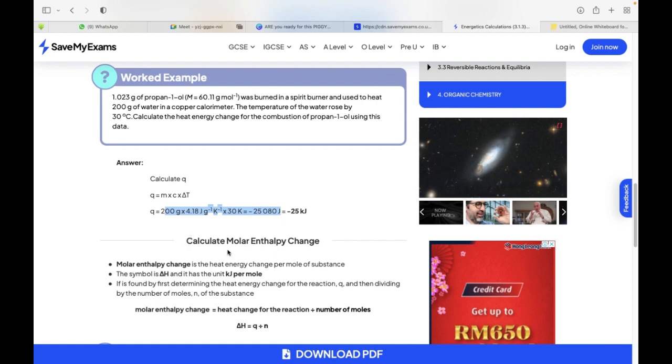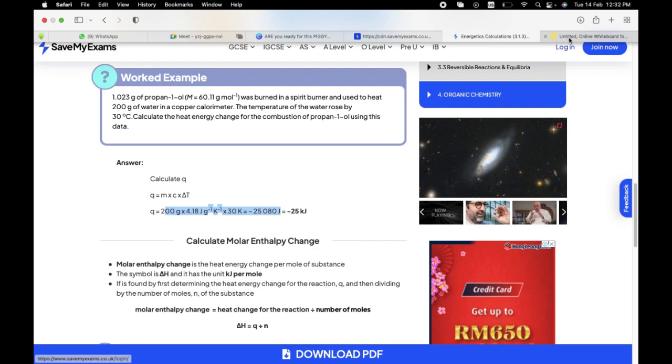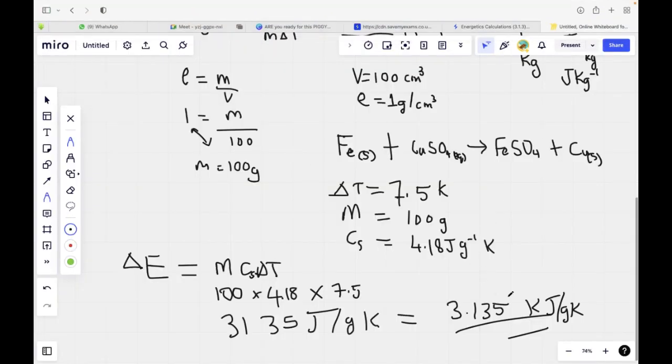So joules, kilojoules. Sorry, the unit we wrote before was for specific heat capacity. This unit is just joule, the unit of energy. The per gram per Kelvin part is cancelled.